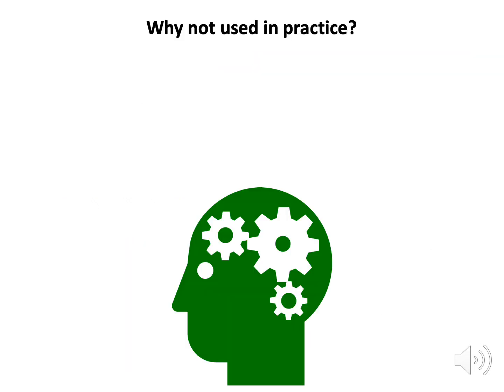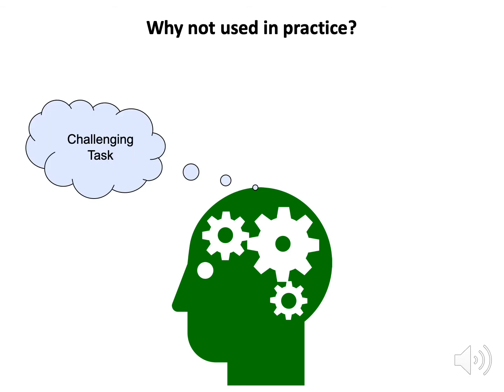So with this being such an important and relevant task, why don't we see it in practice? We sat down, we brainstormed, and we found a few reasons behind why we don't see this used in modern day systems. First off, it's a challenging task, as you would imagine.